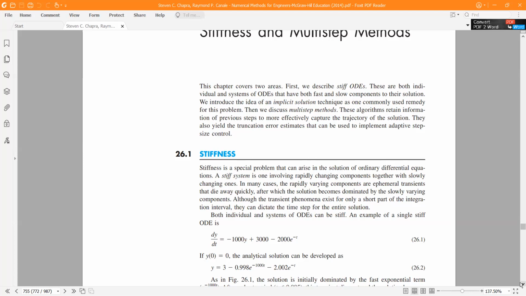So equation 26.1 is a first order differential equation, but it contains something very interesting, because you can easily solve this equation. The solution will have this form, 26.2. You see that in 26.2 you have exponential quantities changing with time.